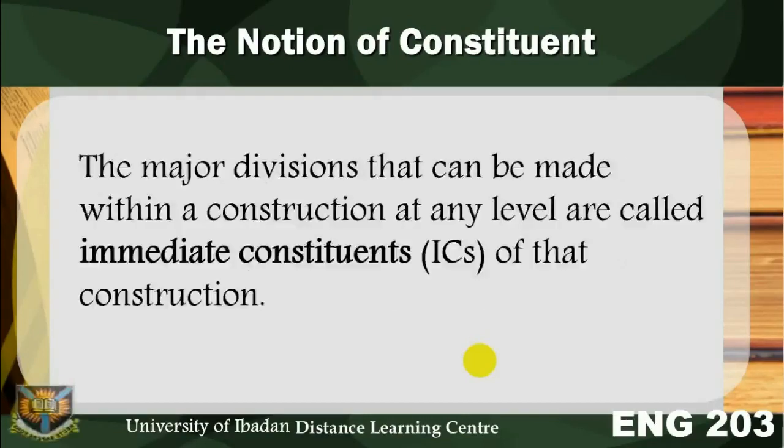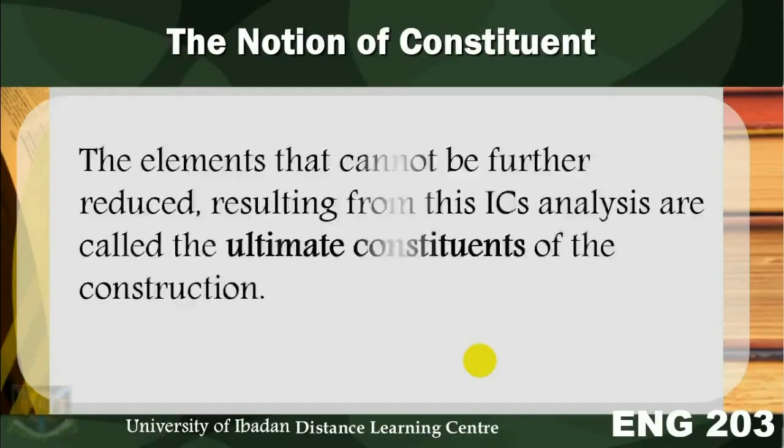The major divisions that can be made within a construction at any level are called immediate constituents, ICs, of that construction. The elements that cannot be further reduced resulting from these IC analyses are called the ultimate constituents of the construction.